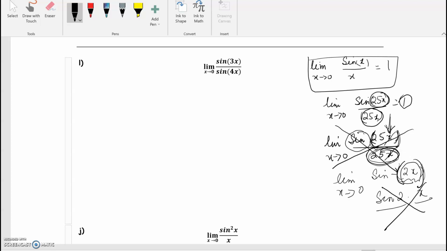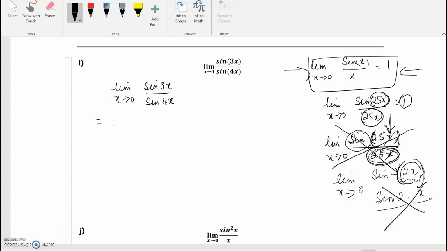So let's look at this. We have the limit of sine 3x divided by sine 4x as x approaches 0. The only theorem we know is this, when x approaches 0. So we want to use this theorem.